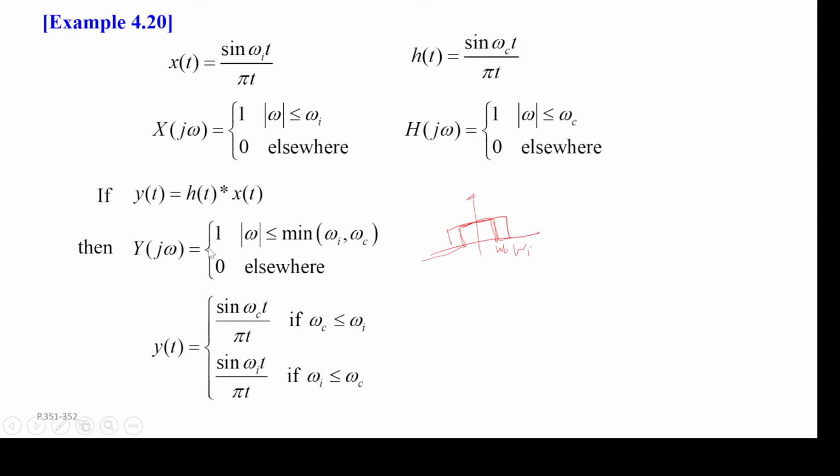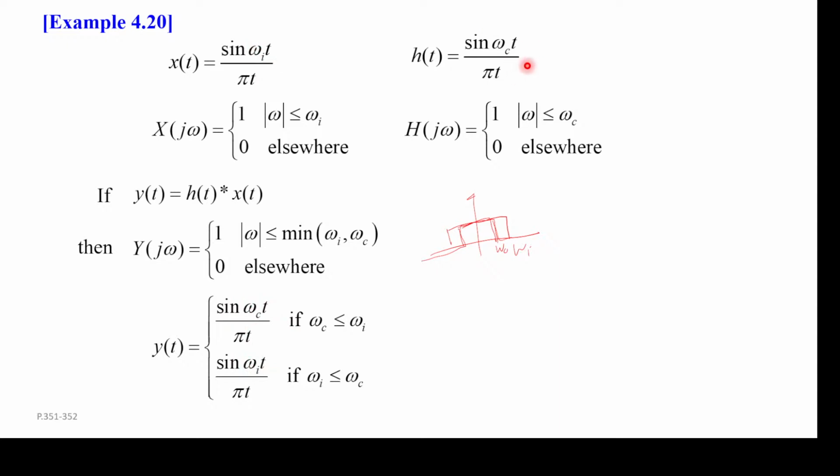Okay, so Y is also a square wave, and then you do the inverse Fourier transform of Y. Obviously you get back to a sinc function. So y of t is just a sinc function with a frequency that's the smaller of those two frequencies.